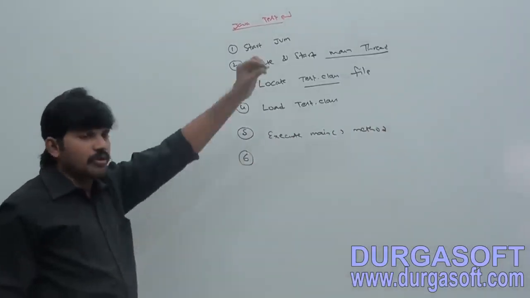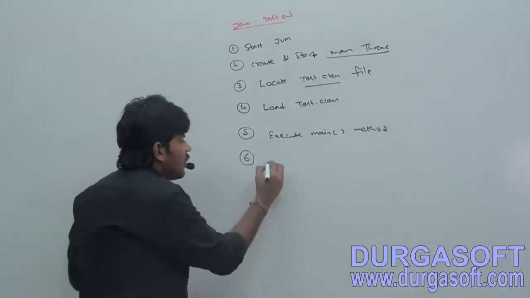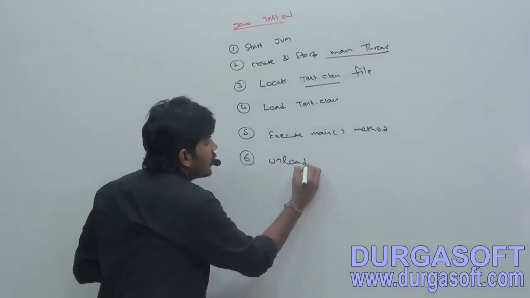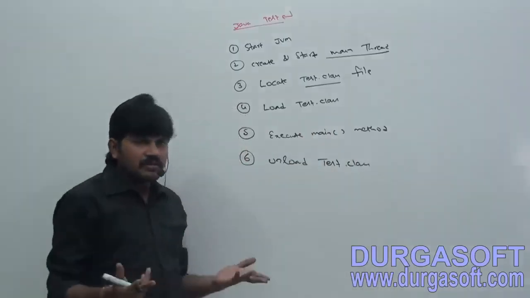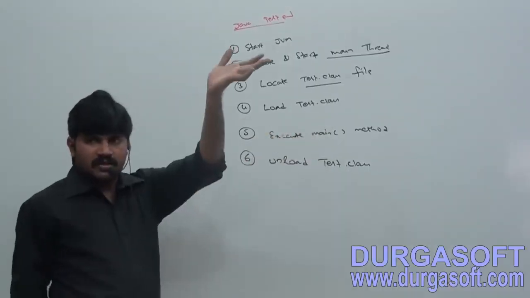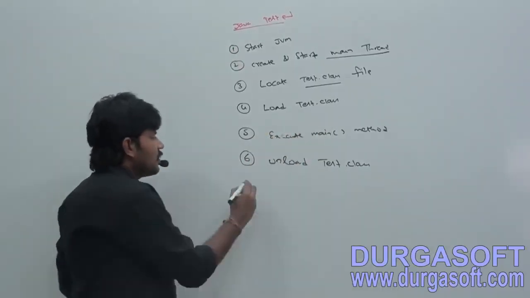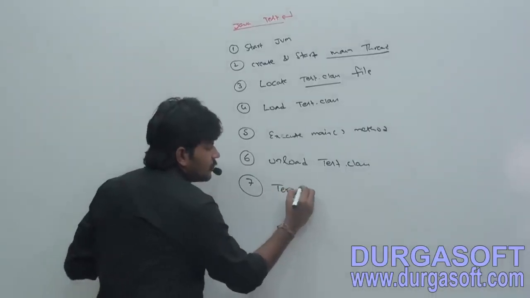Main method is going to be executed. Once the main method has executed, after that, unload the Test.class file. Once the main method is completed, that's all. The job with the Test.class file is completed. Unload Test.class file. After unloading, immediately the JVM is going to terminate.